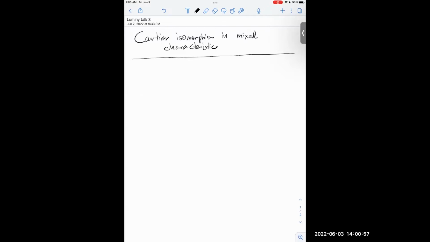Let me start by maybe reviewing the original Cartier isomorphism. So let R be an F_p algebra, and so then we have the following construction. We can consider the algebraic de Rham complex of R over F_p, and we can take the cohomology of that.